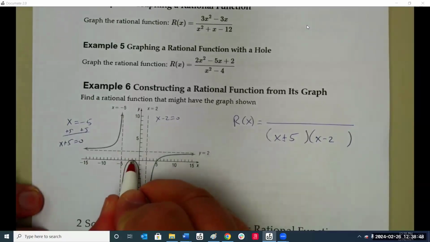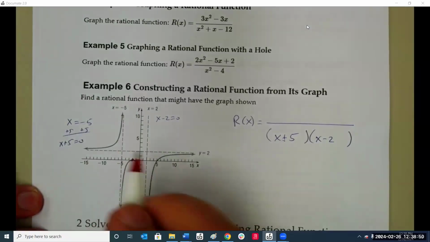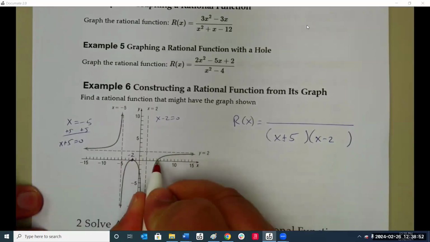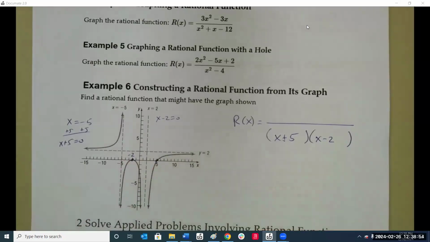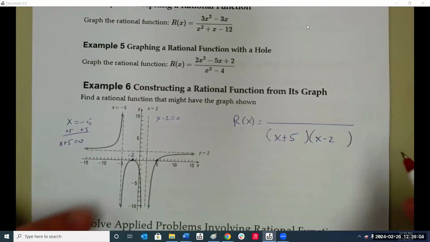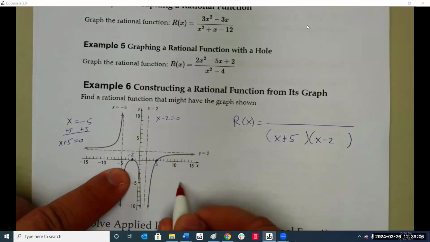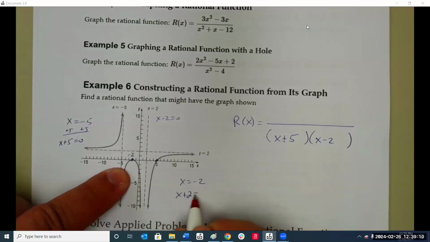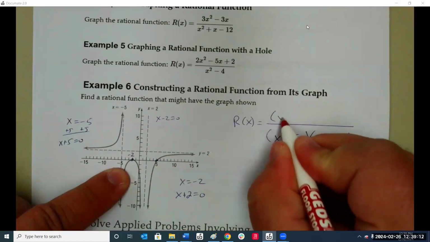We have an x-intercept at -2 and at 5. Where do we find the x-intercepts? Above or below, the top or bottom? Top. So if x equals -2, that means x plus 2 is equal to 0.